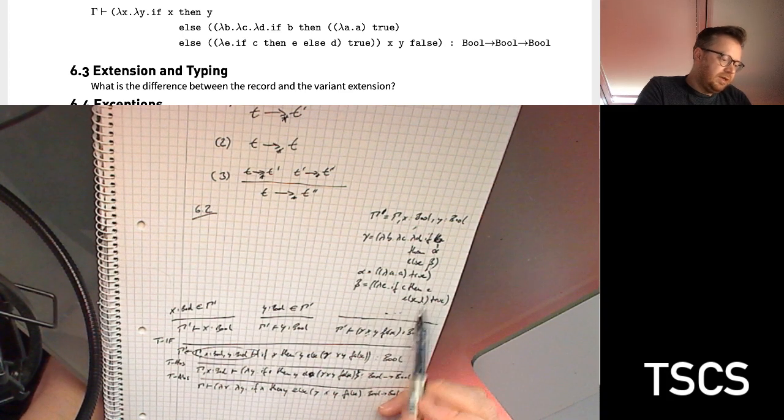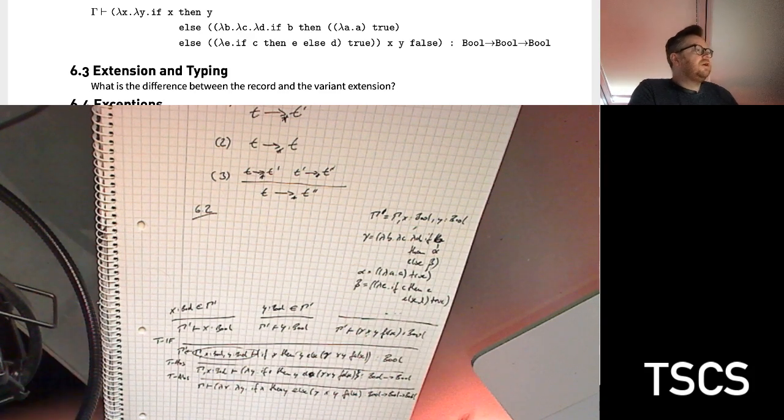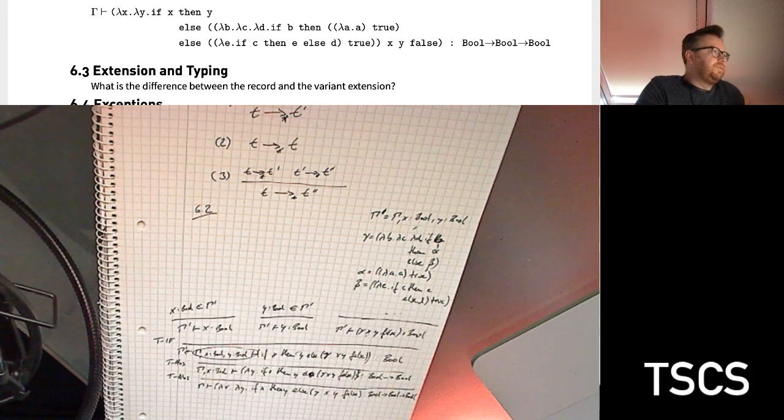That's fine. E and d, which are y and false. So you can basically type the whole thing as bool to bool to bool. So this works. I would just repeat at this point. Okay.